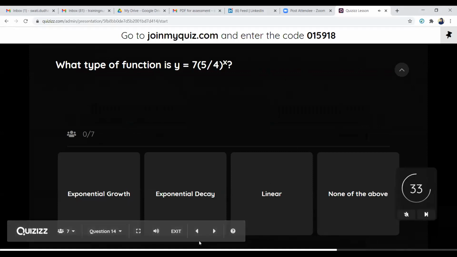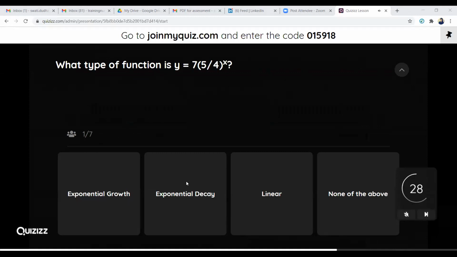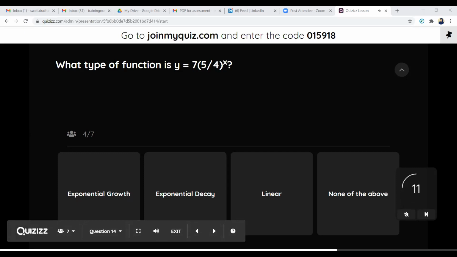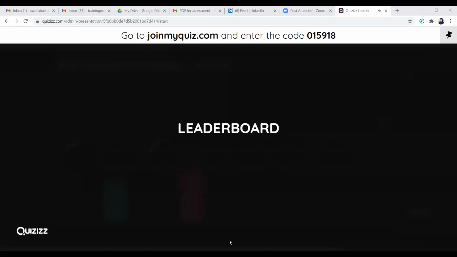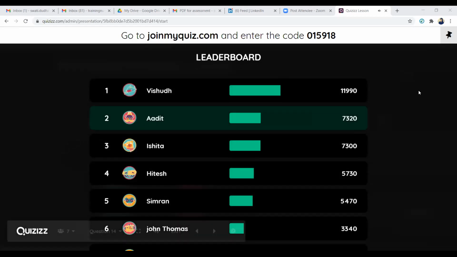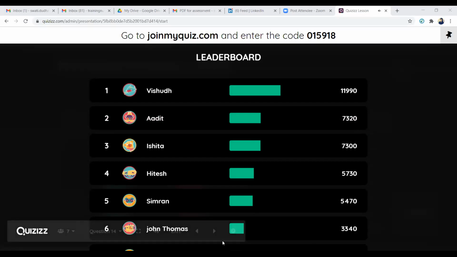Plot it and check it. So it is again the exponential growth.